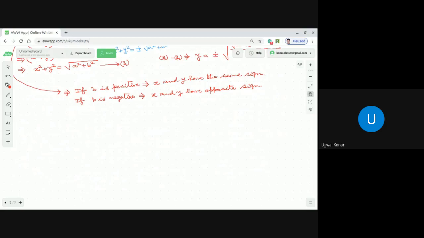We can observe that square root of a plus ib denotes two complex numbers, except when b equal to 0.